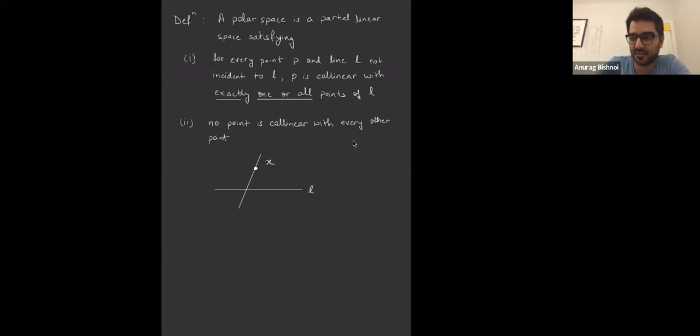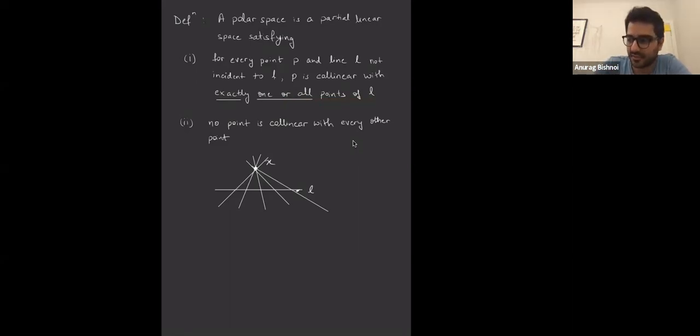Or there's a line joining X and every point of L, in your partial linear space. So either exactly one point of L is collinear with X, or all points are collinear with X. And by collinear, I mean there's a line, or a hyperedge, passing through the two vertices. So that's the main axiom.